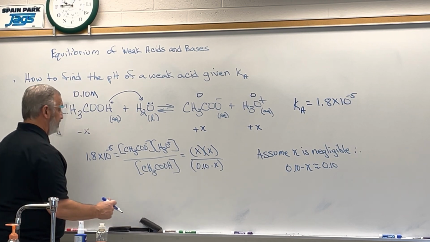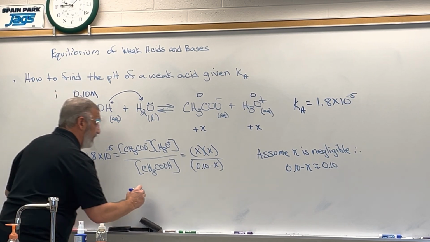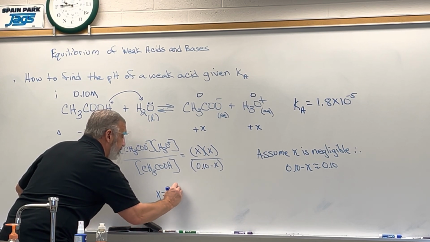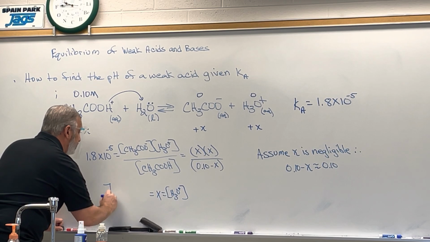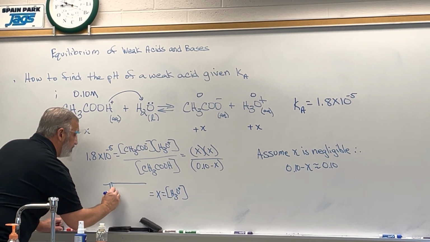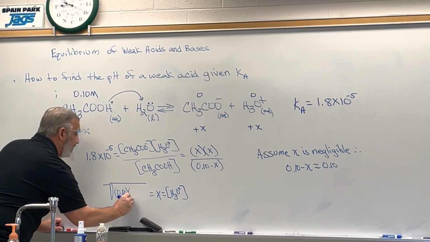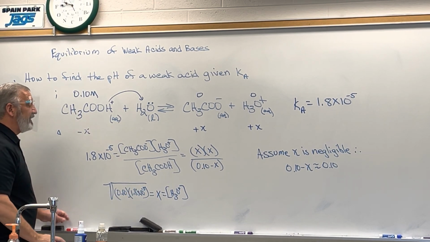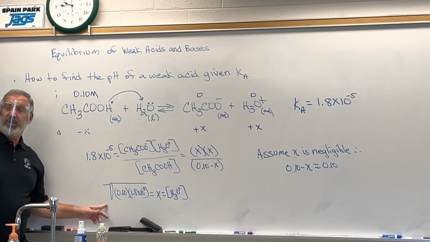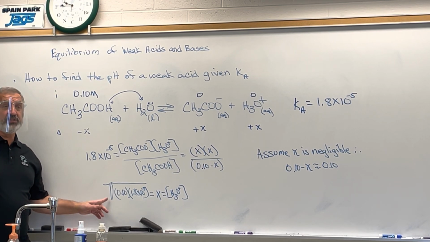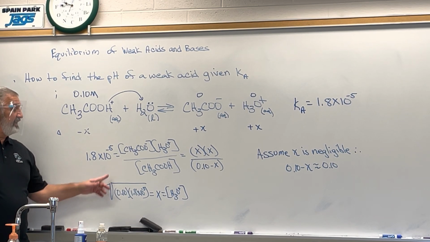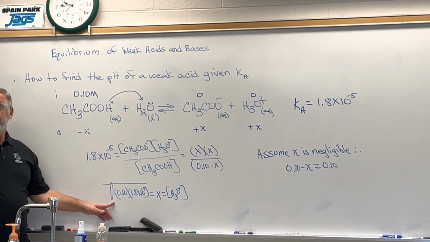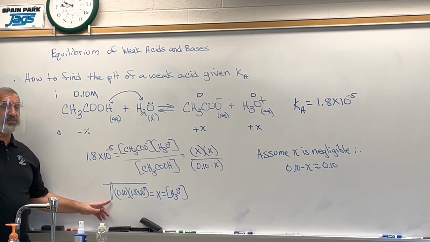So now it's easy. We end up with x, which is equal to my H3O plus, equal to the square root of 0.1 times 1.8 times 10 to the minus 5. You can go straight to this; we're going to do this so many times that you set this up and go straight to here. Especially on a multiple choice question, it's just the square root.